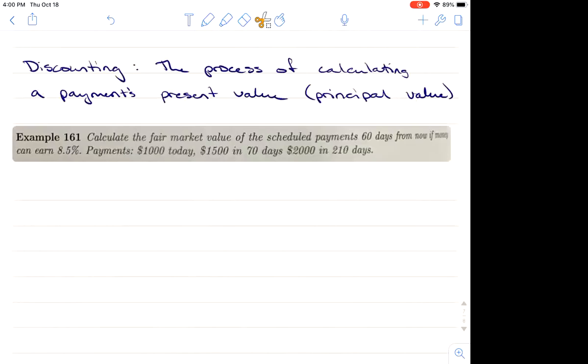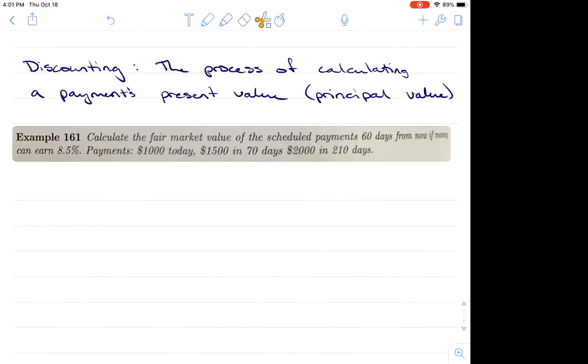Example 161. Calculate the fair market value, which is just the equivalent amount, of the scheduled payments 60 days from now if money can earn 8.5%. The payments are $1,000 today, $1,570 in 70 days, and $2,210 in 210 days.